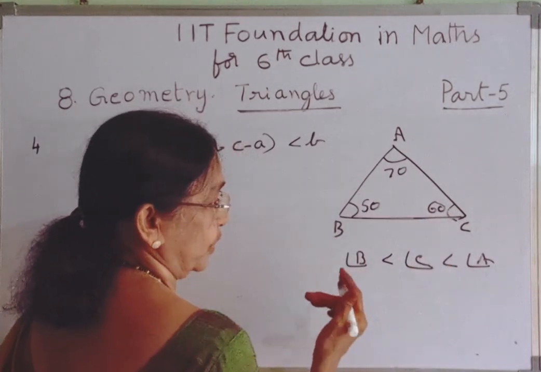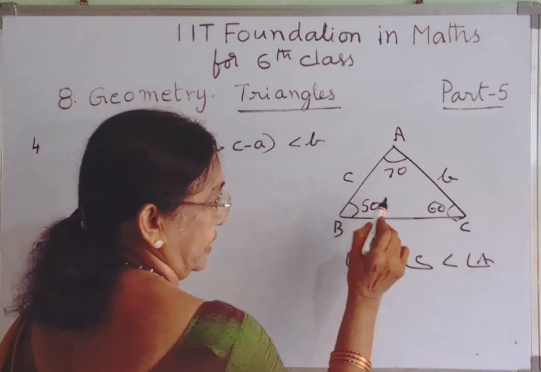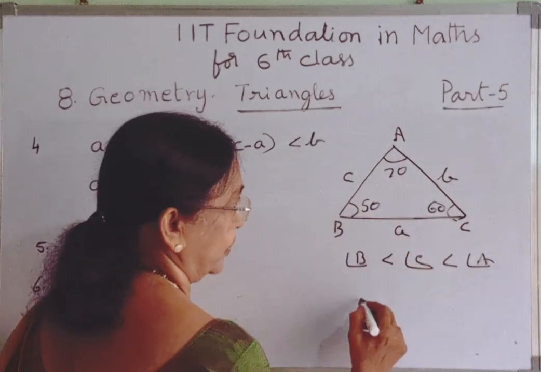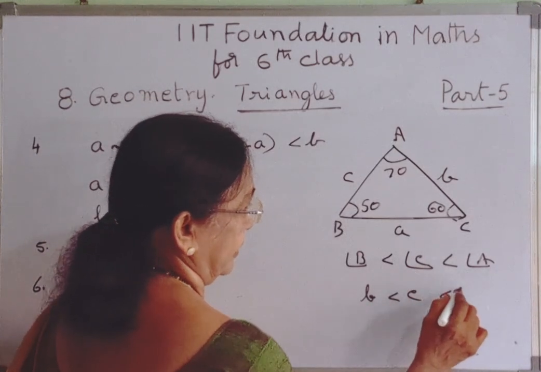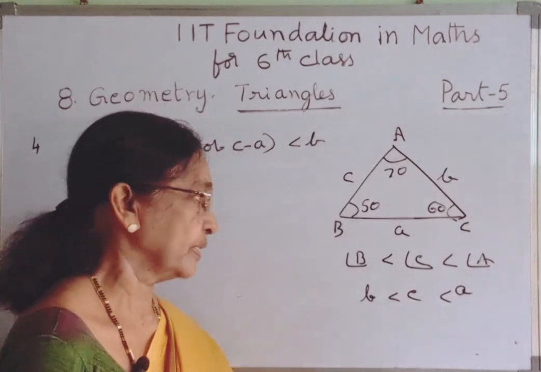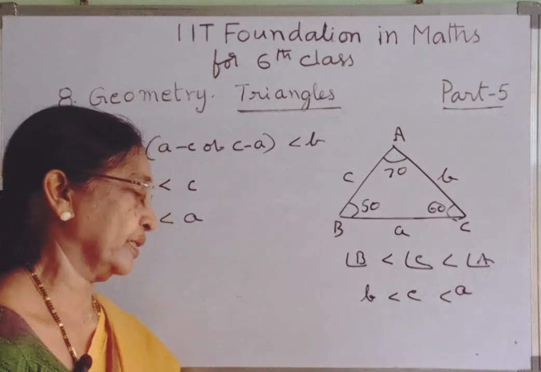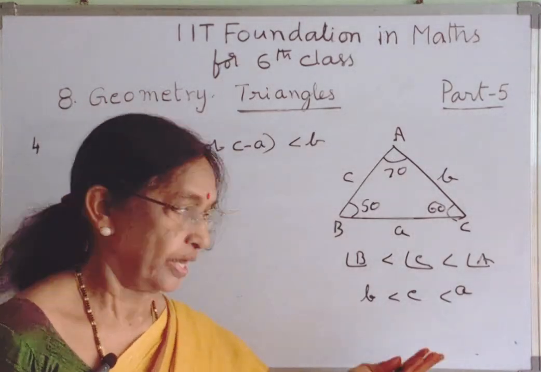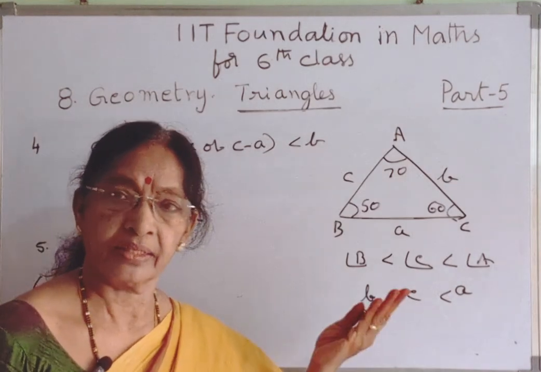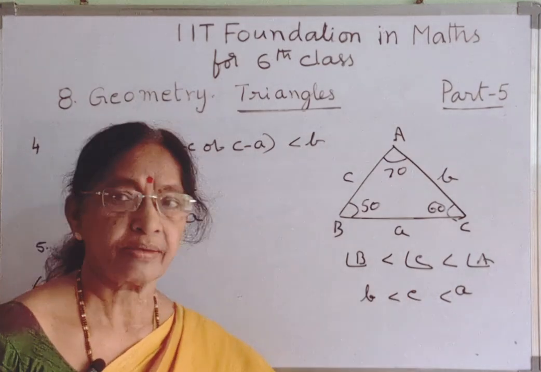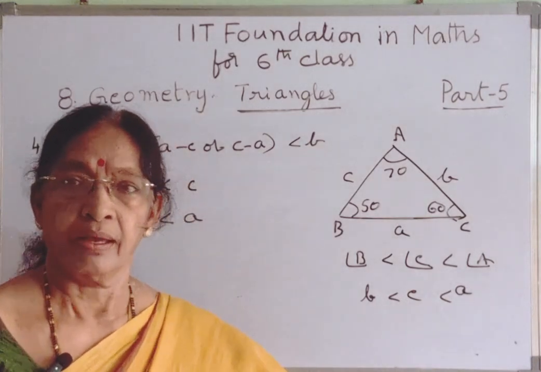Then the sides opposite to them, this is b, this is c and this is a, are also in the same order. b is less than c is less than a. Similarly, vice versa. If the sides are in increasing order or decreasing order, the angles opposite to them are in the same order. So these are some of the properties of angles.